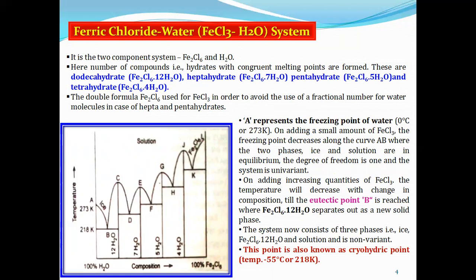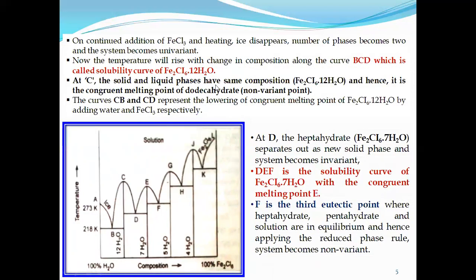So the system at this point will be non-variant. This point is known as the cryohydric point, and for this ferric chloride-water system, point B has a temperature of minus 55 degrees Celsius or 218 Kelvin. On continued addition of ferric chloride and heating, the ice will disappear and the number of phases becomes 2.